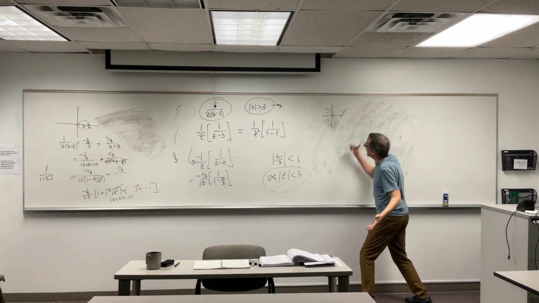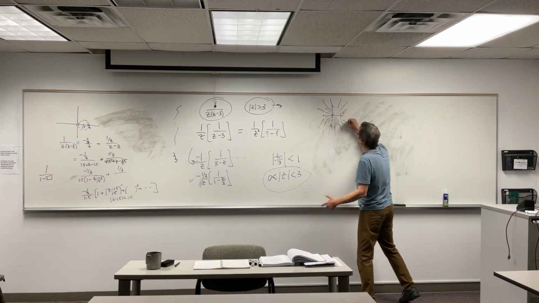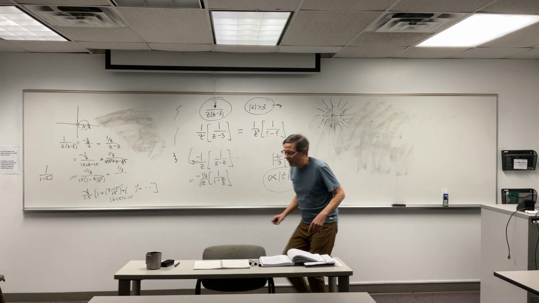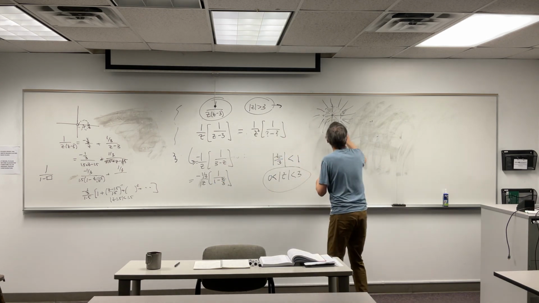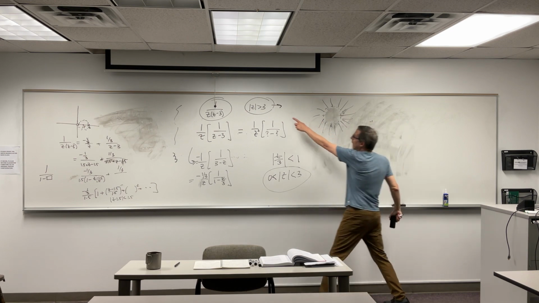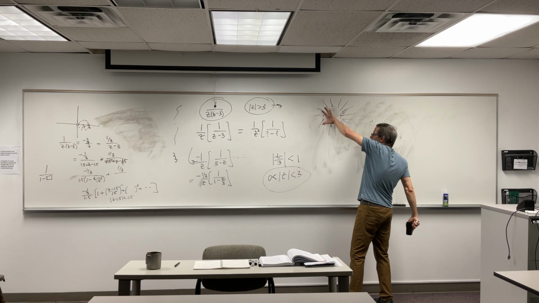What would that look like? So that would be all this out here. That one completely avoids all the stuff inside here. So this actually avoids both the singularities and puts them outside of our concern.